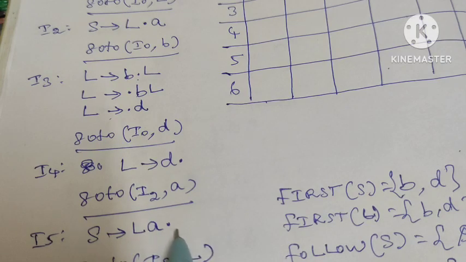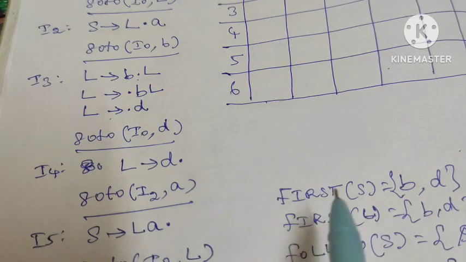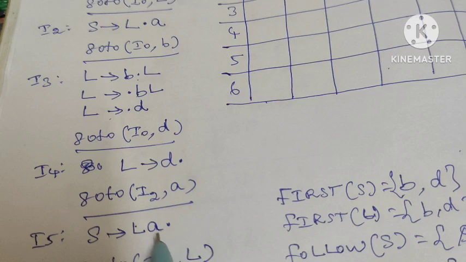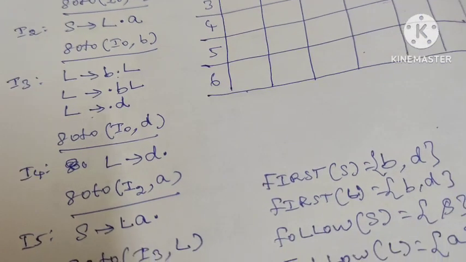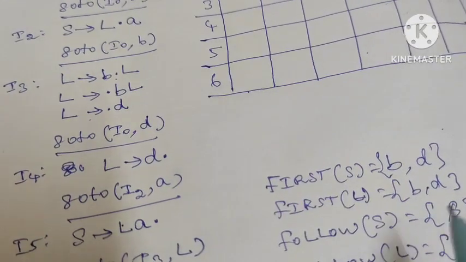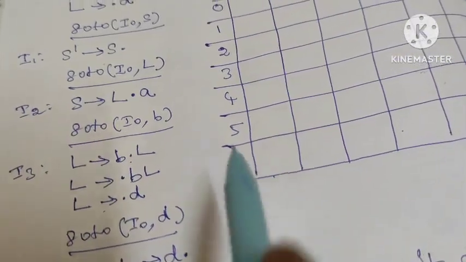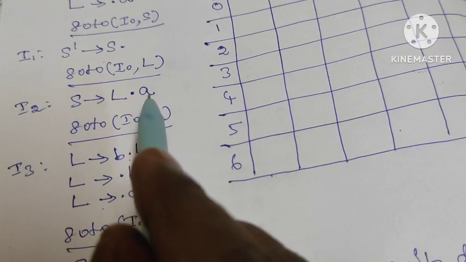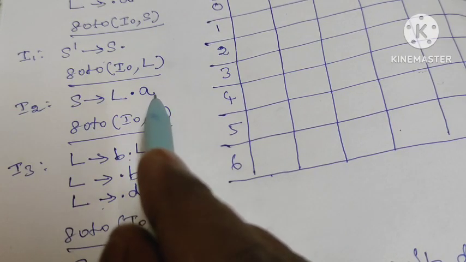Now name this item set as item set 5, because this item set does not exist. LA dot does not exist. Now we will again go for item set 2 here. We will check whether there is any item set where dot is before any terminal or non-terminal.